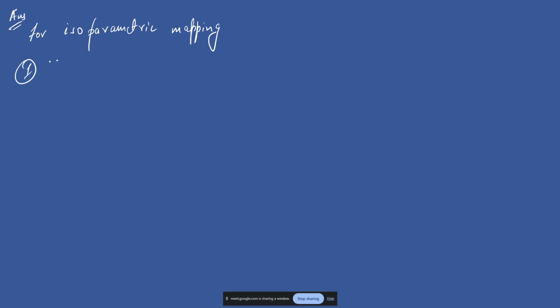First, you will define the shape functions for the given quadrilateral system. So how to find the shape functions?